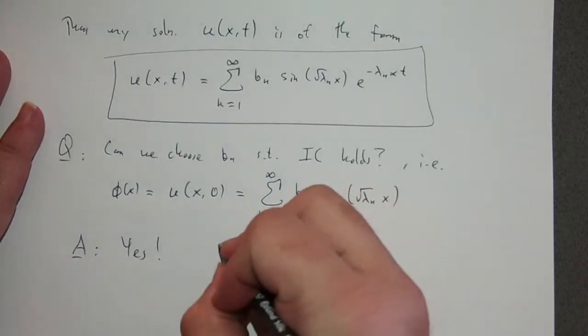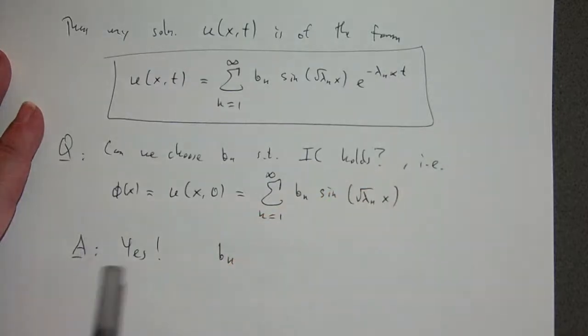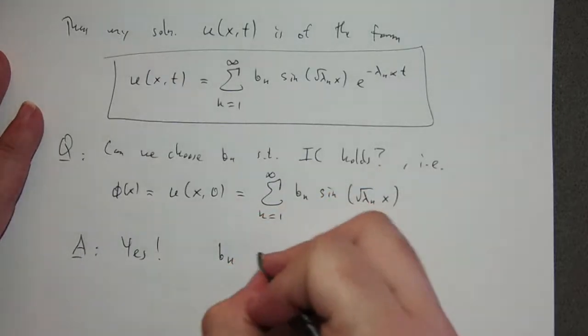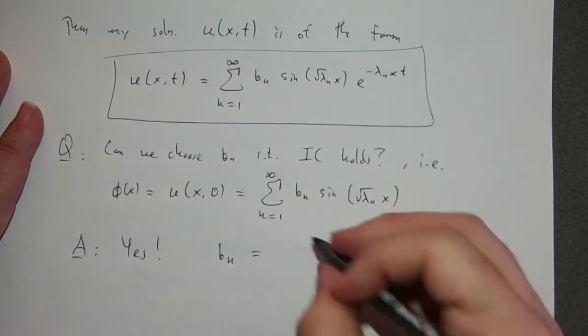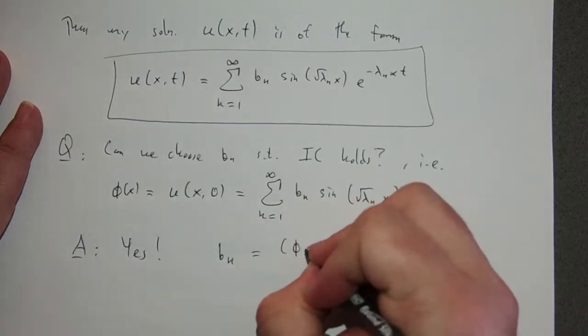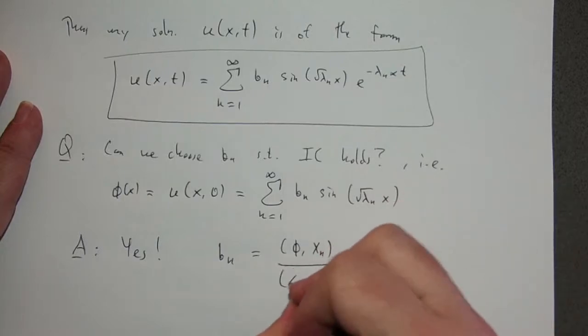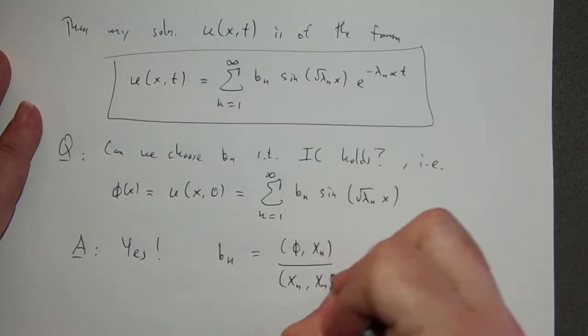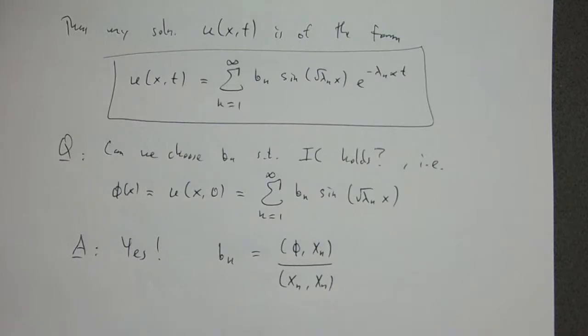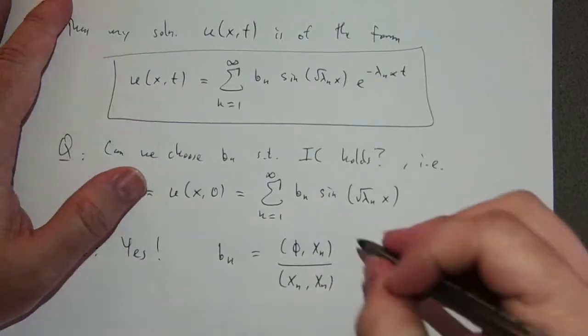So how does this work? B sub n for a general Fourier series is phi paired with the x sub n's over x sub n paired with itself. And so what is this?